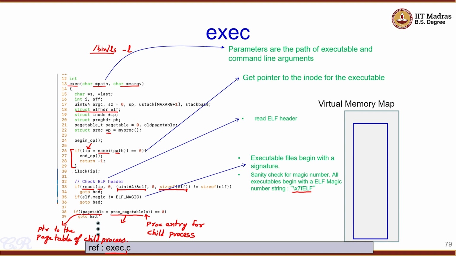Okay, so now what do we have? Since we have the pointer to the page table, we have identified the virtual address space for this particular process. Now within this virtual address space, we have to load the various segments corresponding to /bin/ls.